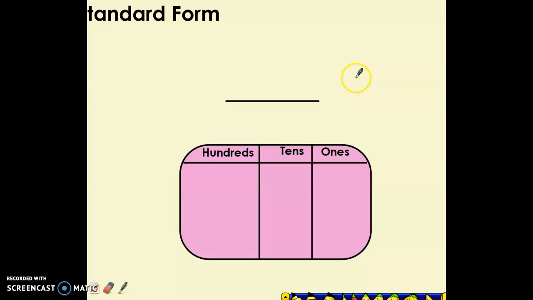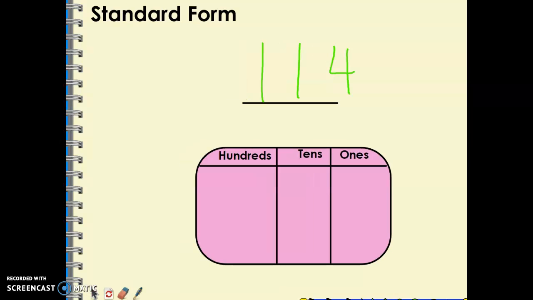Let's try another one. I'm thinking of a number and it is 114. How can I represent 114 by drawing a picture? First, I need 100. I'm going to draw this to represent my 100.